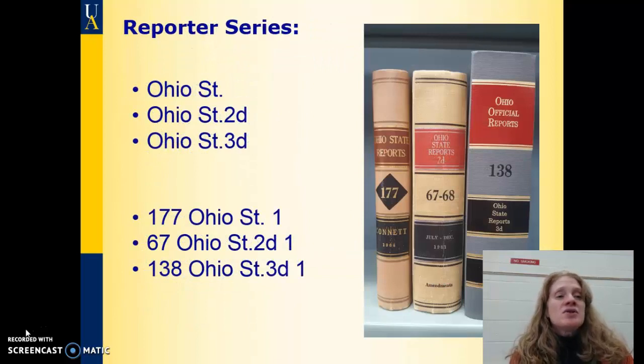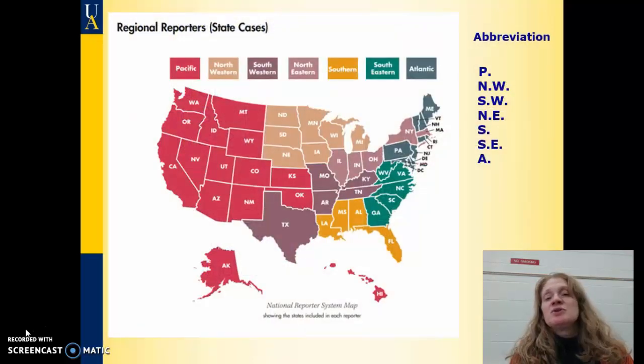For Ohio, the Ohio Supreme Court cases are in the Ohio State Reports, Ohio St. second, and Ohio St. third. There's various regional reporters. If you refer to your legal research workbook, there's a whole chart of them. I just show the map here, and you'll see them often abbreviated as P for Pacific, Pacific Second Series.